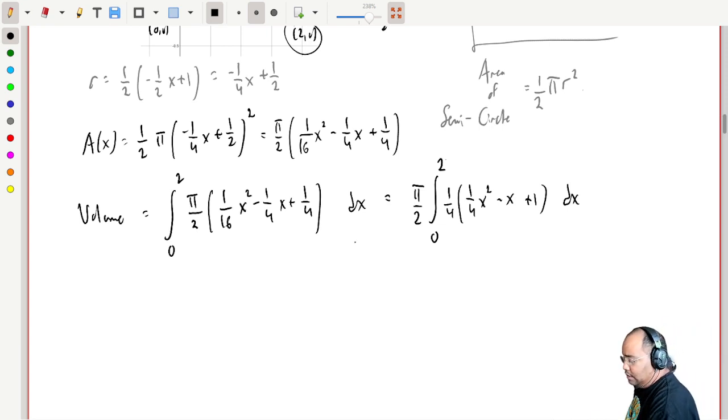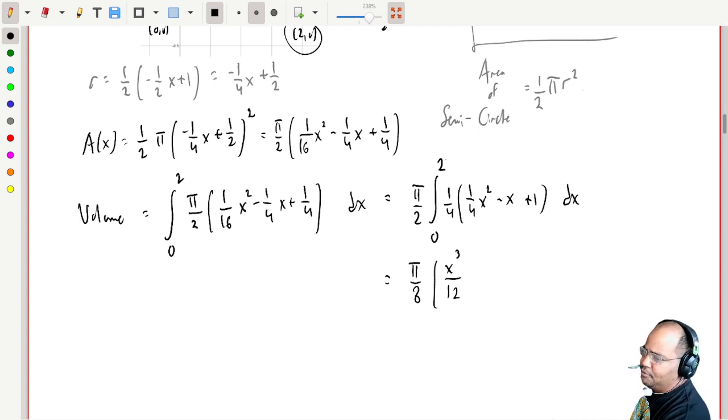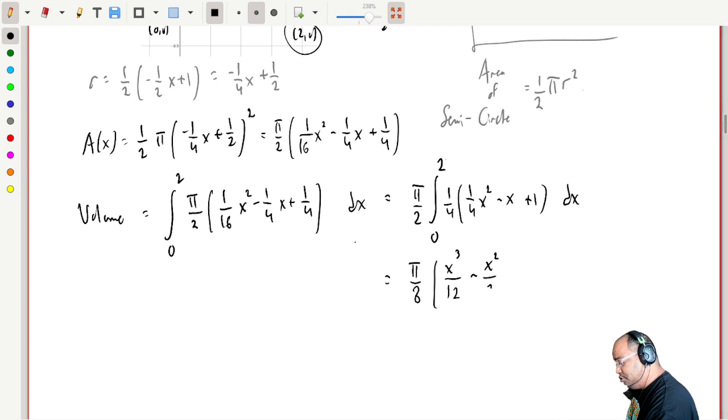Okay. And now I can absorb the 1 over 4 into pi over 2 into a pi over 8. And now I'm going to look at the antiderivative of this parenthetical stuff here. Well, power rule once again, x cubed over 12, right? Add 1 to the exponent, divide by that new exponent, minus x squared over 2 plus x.